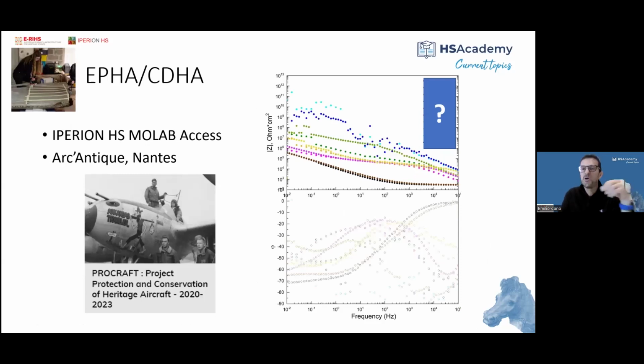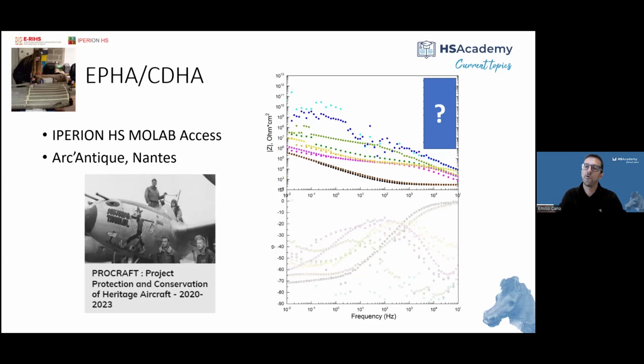Here we did something similar. This is a real example from a MOLAB project we carried out at Arc'Antique in Nantes, in which they wanted to compare different coatings to be applied for the protection and conservation of heritage artifacts. This is an international European project they are running, the ProCraft project, and they wanted us to test different coatings.